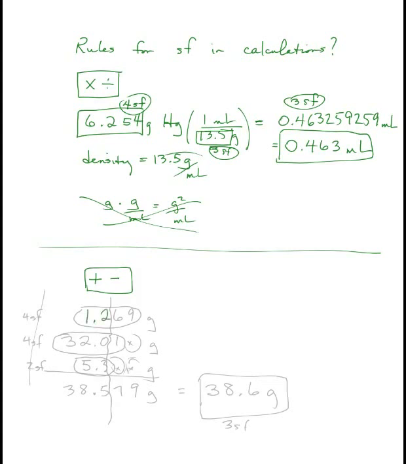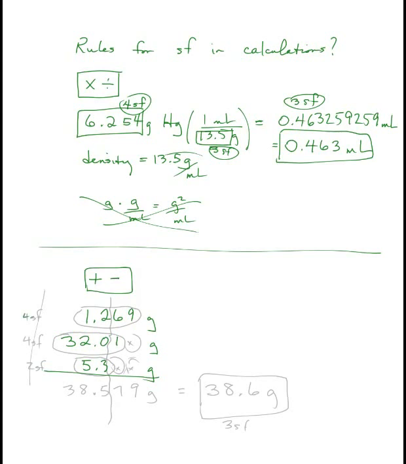So let's say we have a couple different people making measurements, and they're weighing things, and we're going to add these things together, and they didn't all measure them on the same balance, so we are going to have something like this. We have, how many sig figs here?